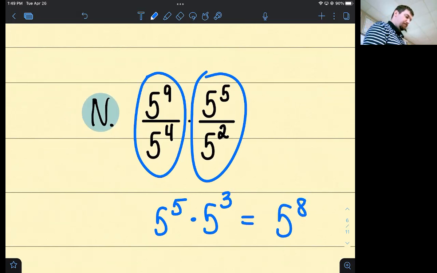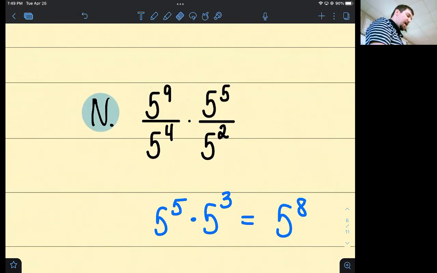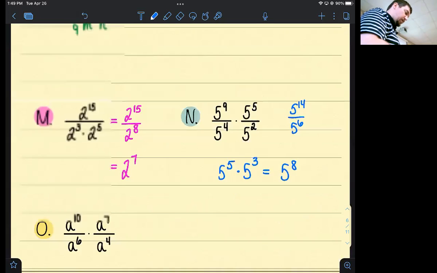Nice job. Yep. So Martin's route was go ahead and simplify each fraction, then multiply them together. But when you multiply fractions, you can actually multiply across top and bottom. So there's another way you could do it too. You could try to multiply across top and bottom, and then save the dividing part, which is subtracting the exponents, for the end. That would work too. In fact, if you did that, you'd get 5 to the 14th over 5 to the 6th. And if you subtract 14 and 6, you'll get 8. Okay. So more than one way to do that one.